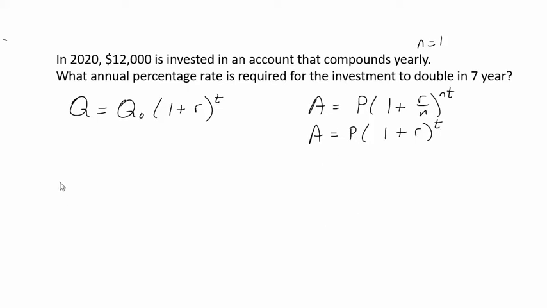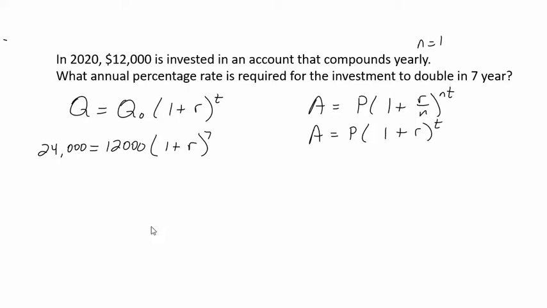All right, let's plug in what we know. We know $12,000 is invested, so we'll put 12,000 in there, and it compounds yearly, so we know that's just going to look like this. What annual percentage rate? So we're trying to find the rate, and we want the investment to double in 7 years. So my time is 7 years, and if my investment's going to double, then $24,000 is going to be my new amount.